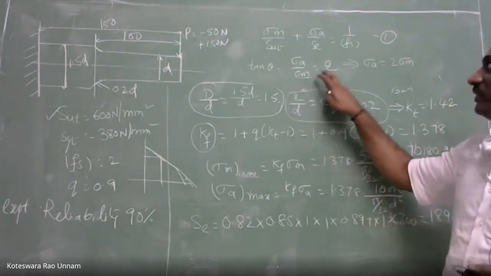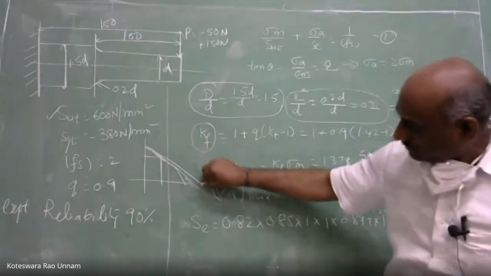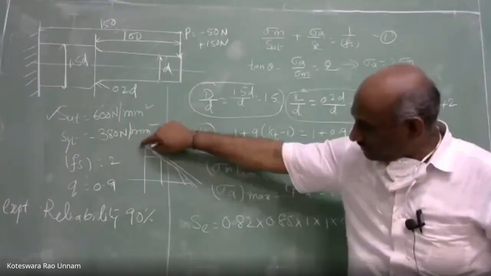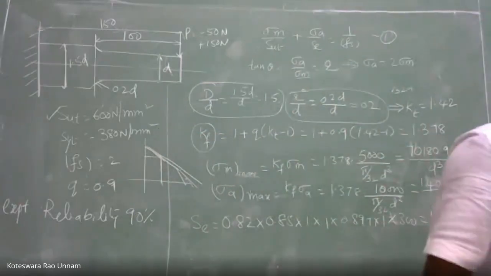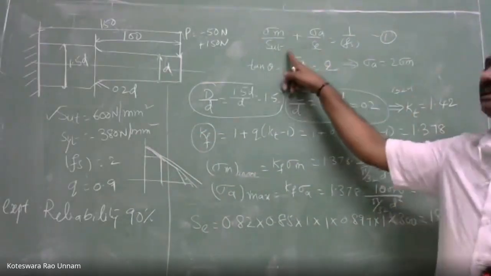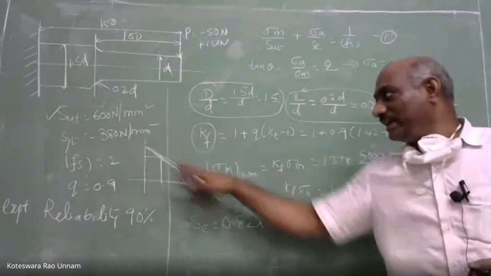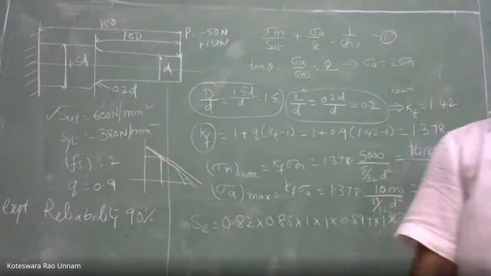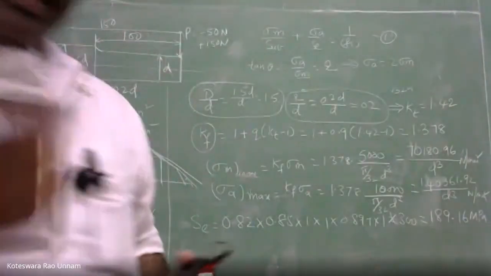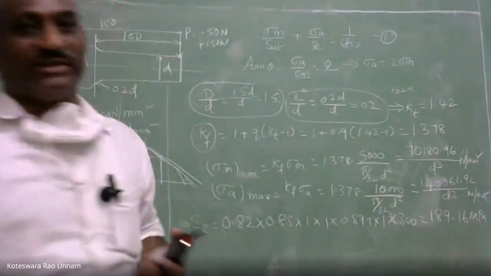If you don't include it, this is the equation for this entire line: sigma m by SUT plus sigma A by SC is equal to 1 by Fs, which is nothing but your original Goodman line, not the modified Goodman line. If you substitute directly without taking this relation, you will get this line, which means you are not taking yielding into account. So to take yielding into account, you need to use this relation also. That is the important thing here.